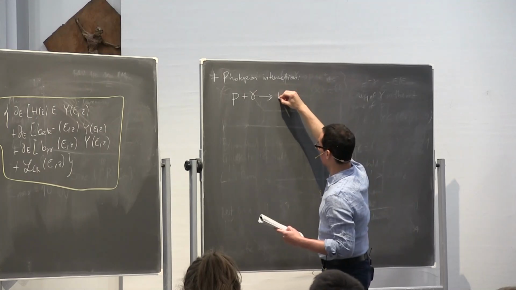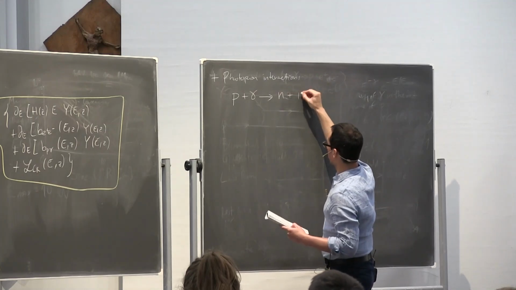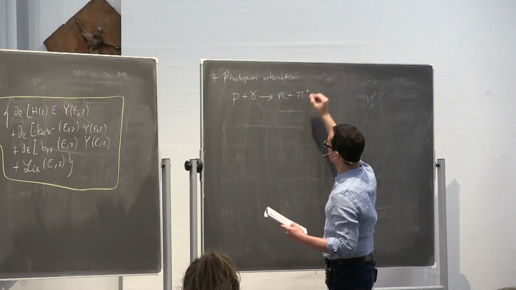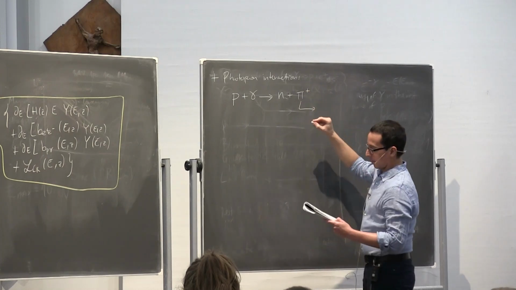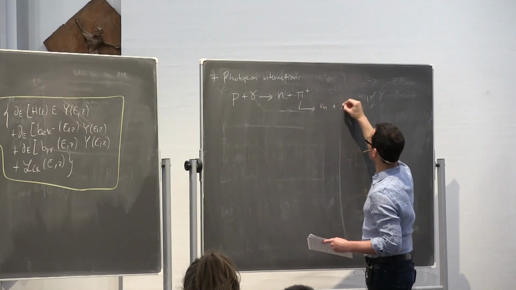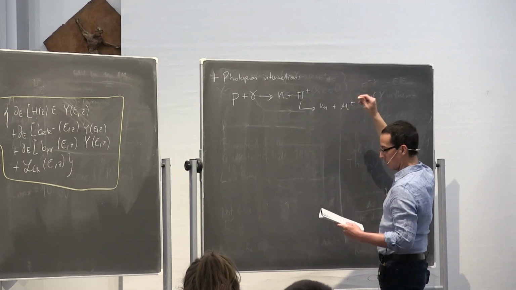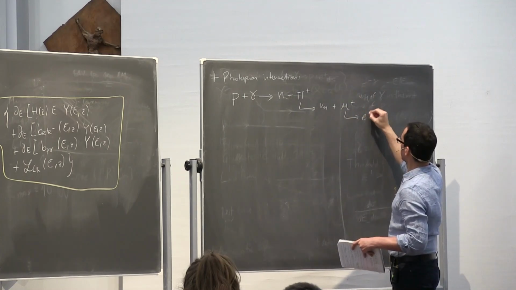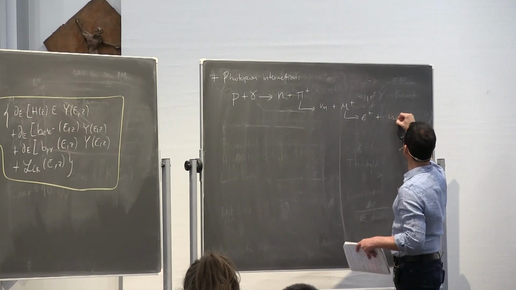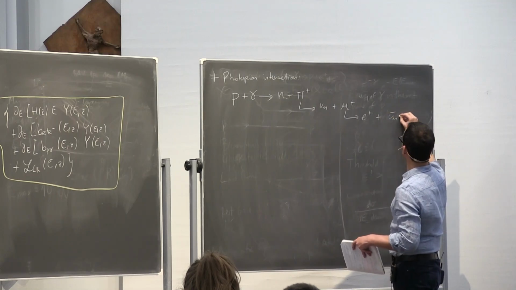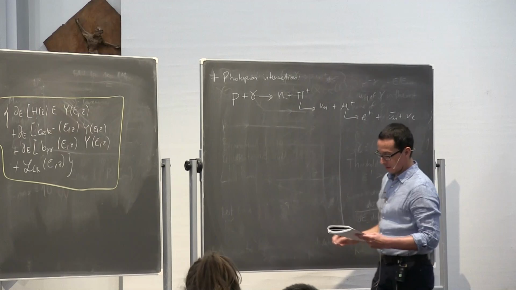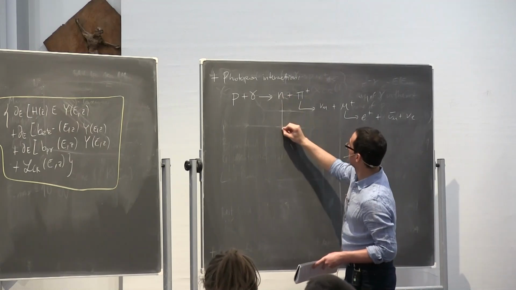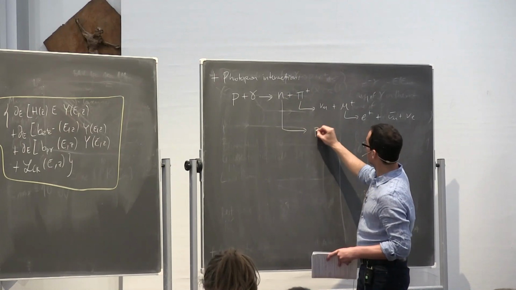I'm going to skip that part. But eventually the delta resonance will decay into this. The charged pion will decay into a nu mu plus an antimuon, which decays further. And then the neutron itself beta decays.